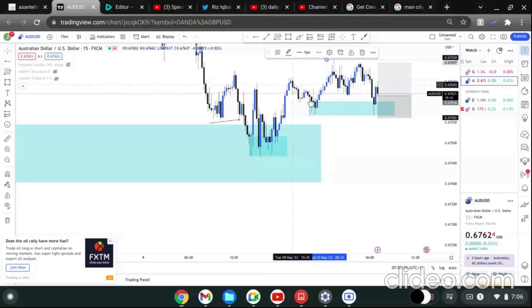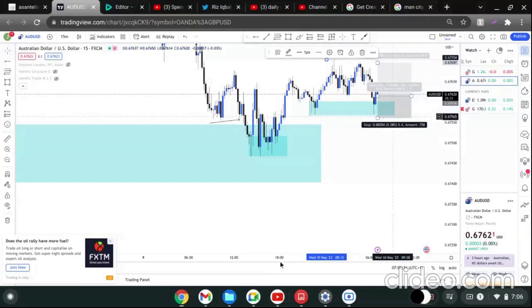So why am I using this zone? This zone is a protected low, which since price is showing me signs of going upwards, I'm going to place my stop below here. And short term target is this zone.